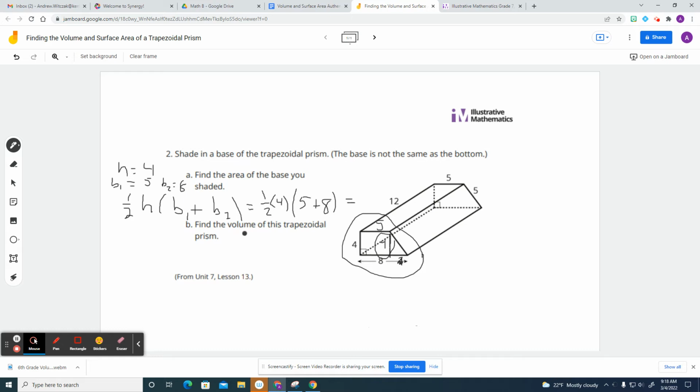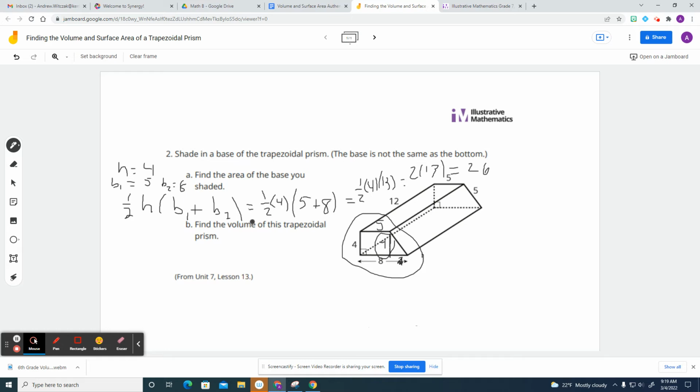So this really means 1/2 times 4 times 13. Then half of 4 is 2. So that means 2 times 13, which is 26.